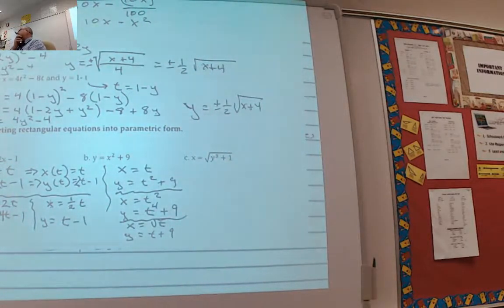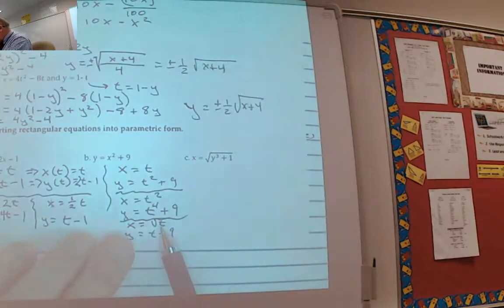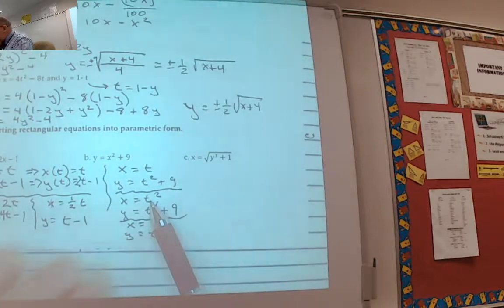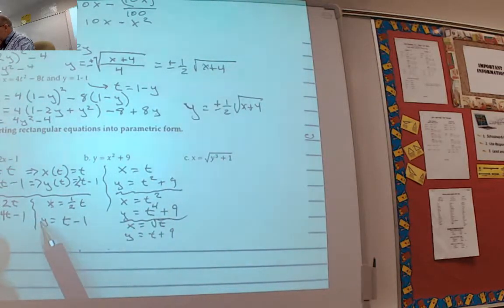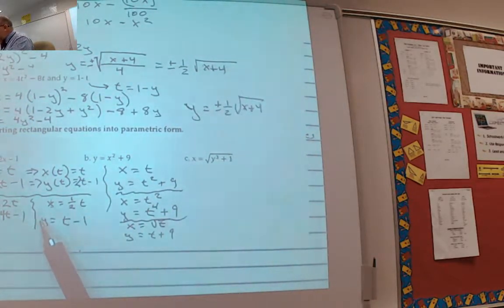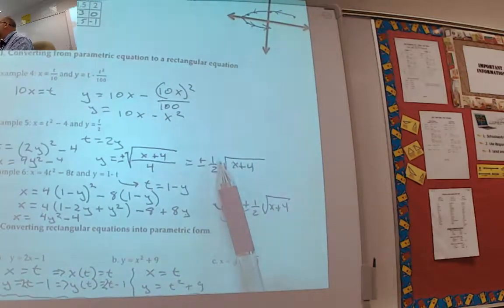Yes. So for the last two, 5 and 6, do we have to determine the correct sign? Yeah, you'd have to. Examples 5 and 6, like y equals. Right here. So we have to determine the sign.